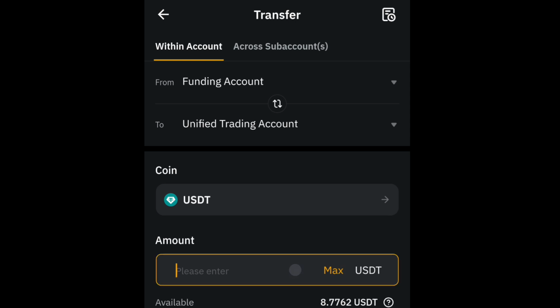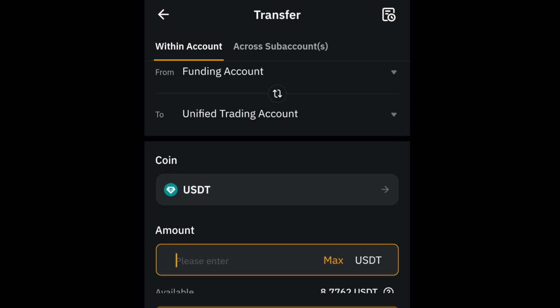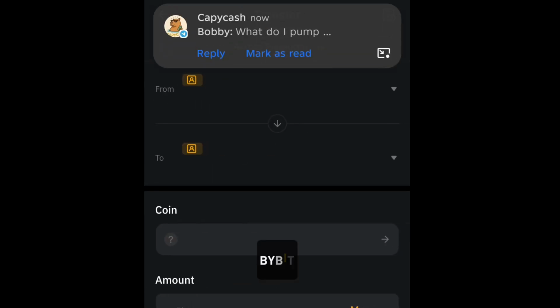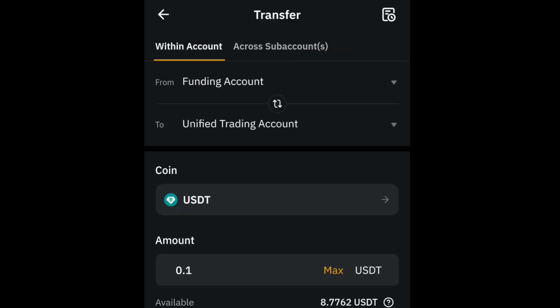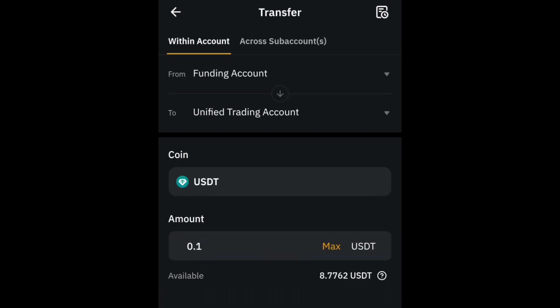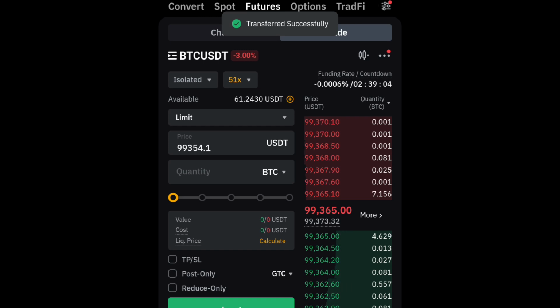Then put the USDT amount you want. Let's say 0.1. Since we already have some USDT on our future account, which is our derivative account, I just want to use this as an example. Put the amount you want and click on confirm to automatically transfer it. You will see your balance right here.